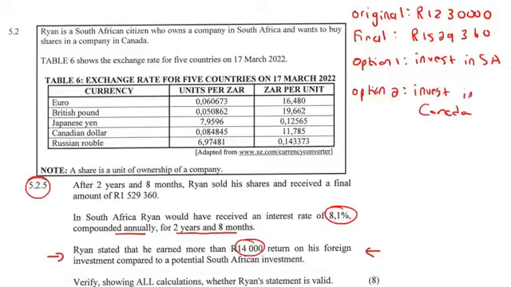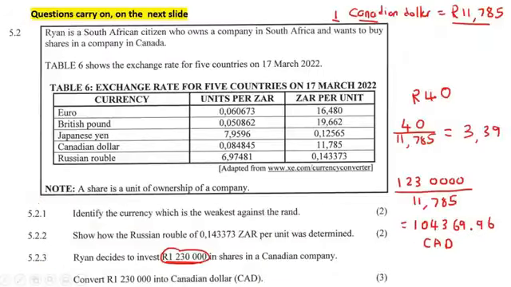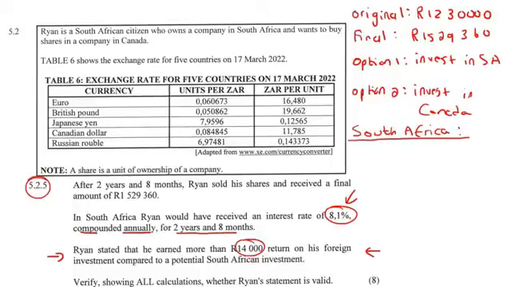So let's go see what he would have made in South Africa. He made 8.1%, and it was compounded annually, so that's per year. So he starts off with 123,000, which we did actually write up here. So let's see what he would have had after 1 year.